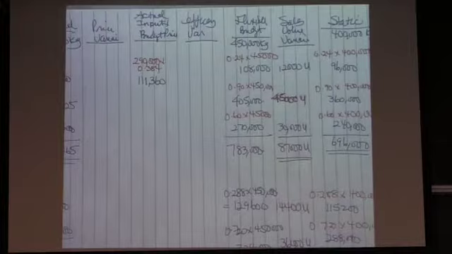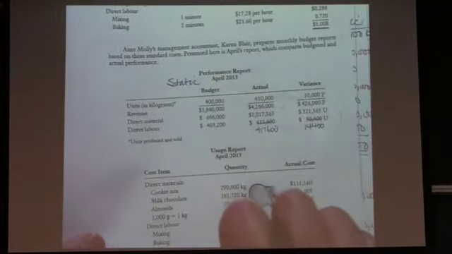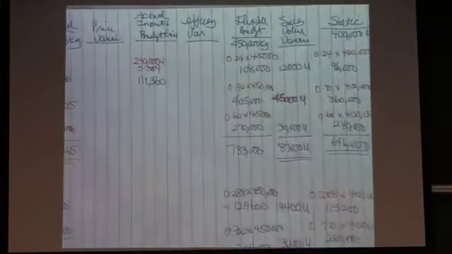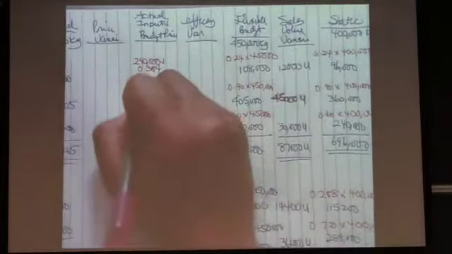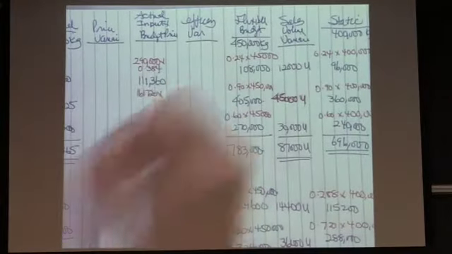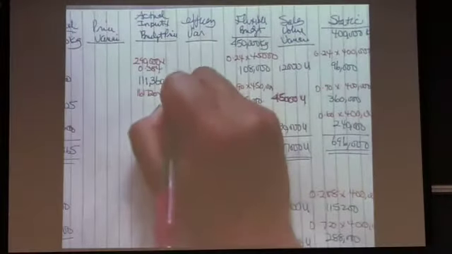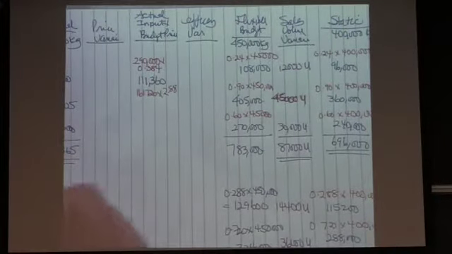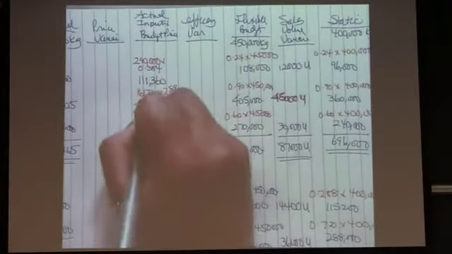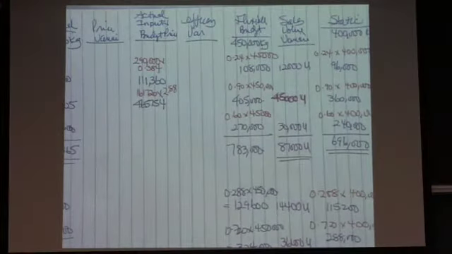Standard input of milk chocolate was 161,720 kilograms, times the standard price per kilogram of $2.88. That gives me 465,754.